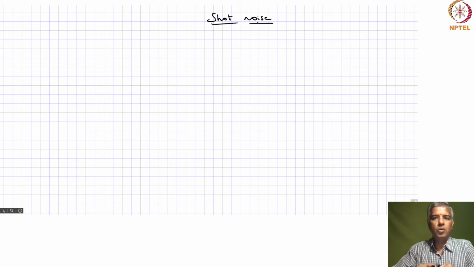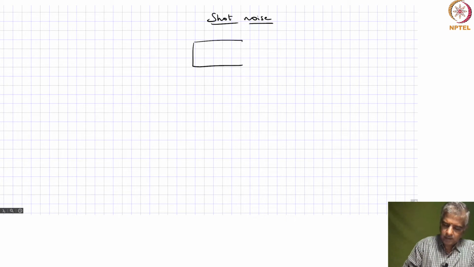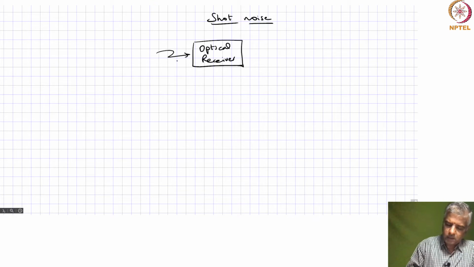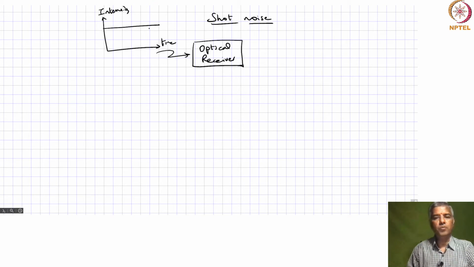You have essentially the emission of the photons from this light source happening at random time intervals. So we may look at what's coming into the receiver. If this is your optical receiver, we say what's coming in is a particular intensity as a function of time, some uniform intensity.